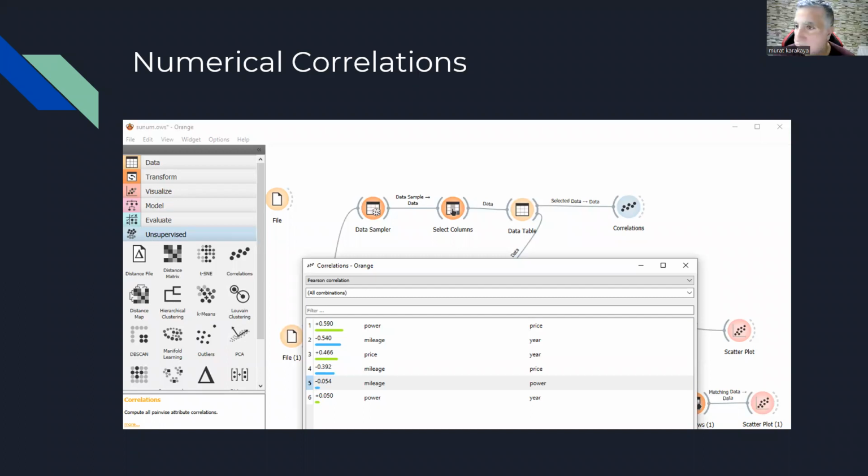Anybody else? May I continue? Actually, I said I keep that, but because our target is price and there is power and price, this correlation helps us to predict with a high rate. But if there is a correlation between features and it's almost one, we can remove one of them because both give us the same clue.